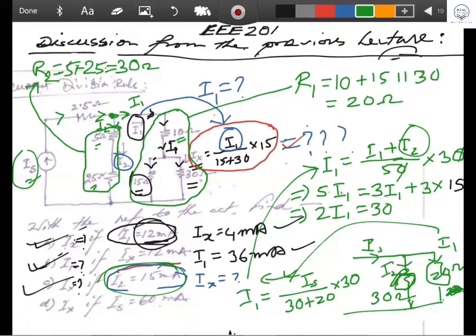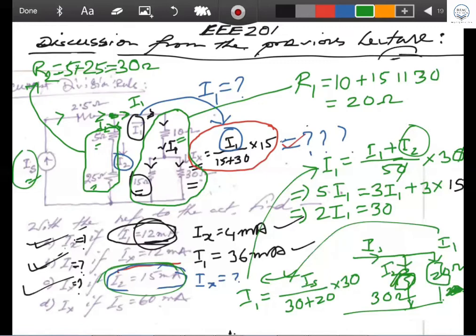If we calculate it, 5I1 minus 3I1 gives 2I1. It is giving you I1 equal to 15, right?